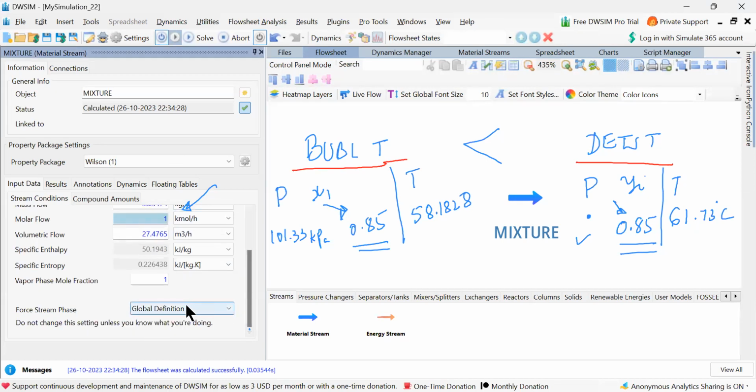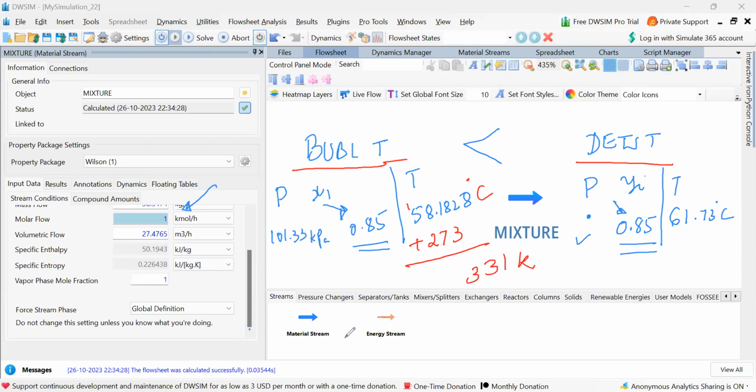This can be validated with others also. So what is my answer here? 58 degrees centigrade, right? This is centigrade. So how much is it in Kelvin? 273 add 58, so 331 Kelvin.